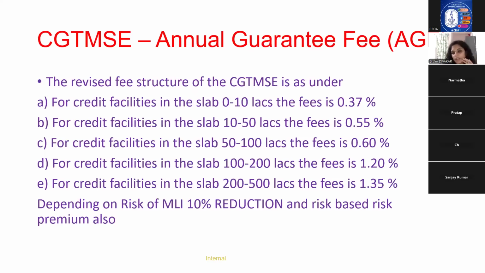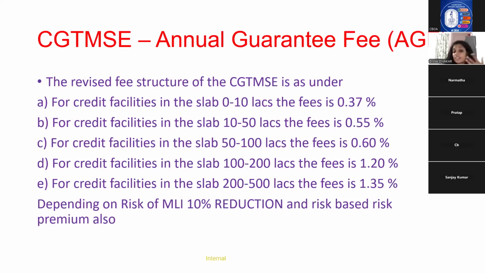Basically 5 slabs are there. You can remember first the slabs 0 to 10, 10 to 50, 50 to 100, 100 to 200, and 200 to 500. And you can remember the fee percentages also: 0.37 for the first category, then it increases incrementally: 0.55, 0.6, then 1.2, and 1.35.